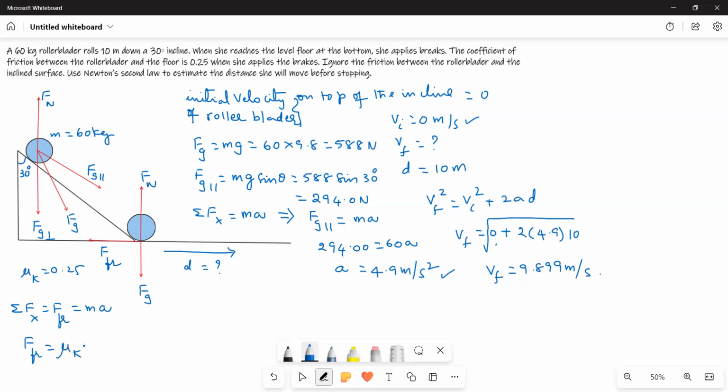F friction is equal to mu k Fn. For that, we write the y component forces: Fn minus Fg is equal to 0, because there is no motion along the y direction. Therefore, Fn is equal to Fg, which we already calculated as 588 newtons. So this is 0.25 into 588, which gives 147 newtons.